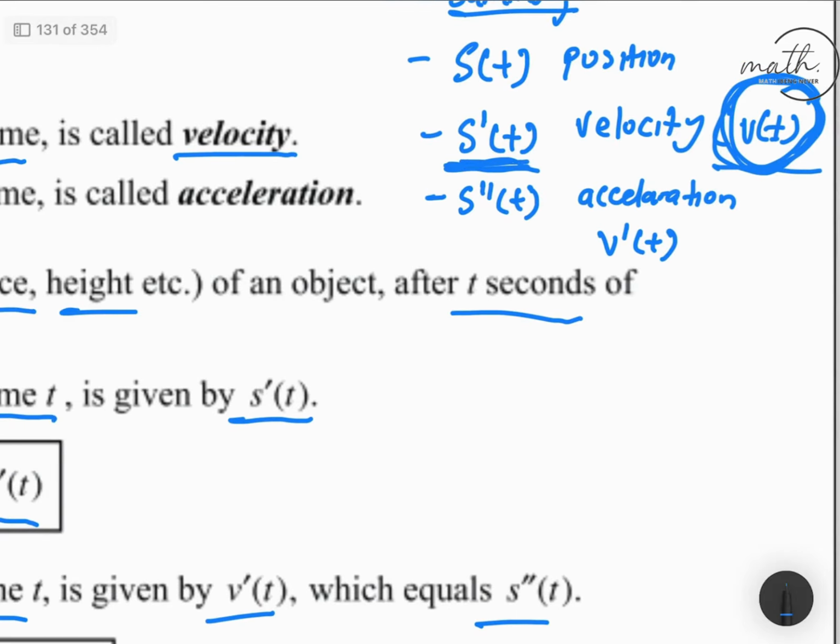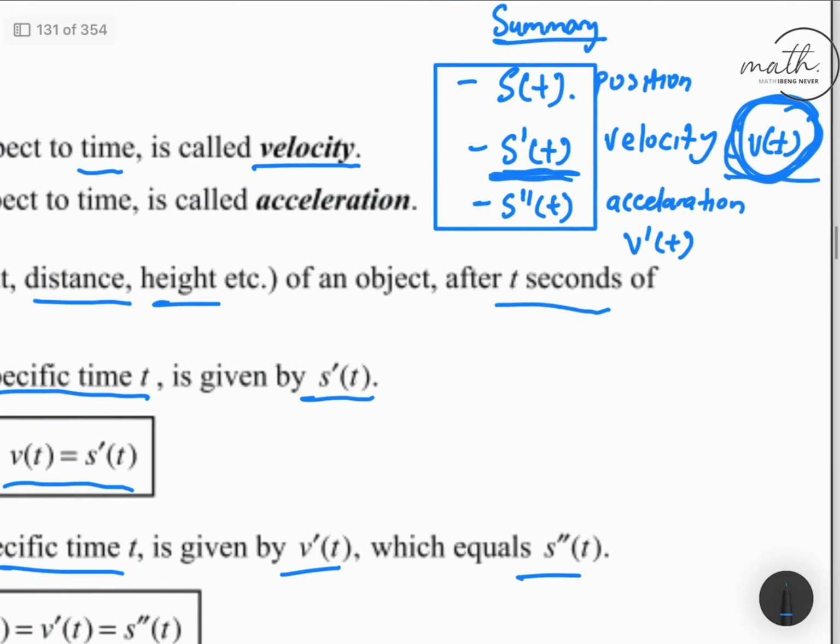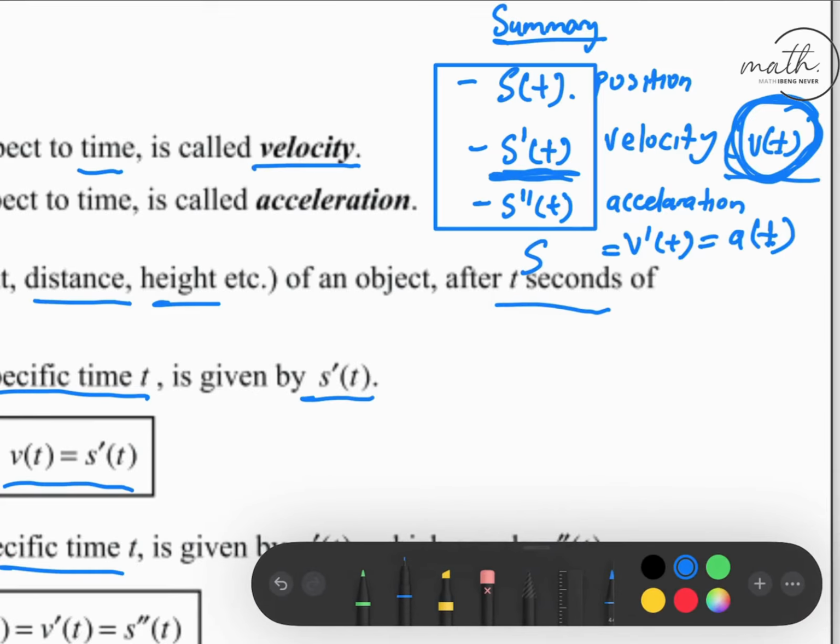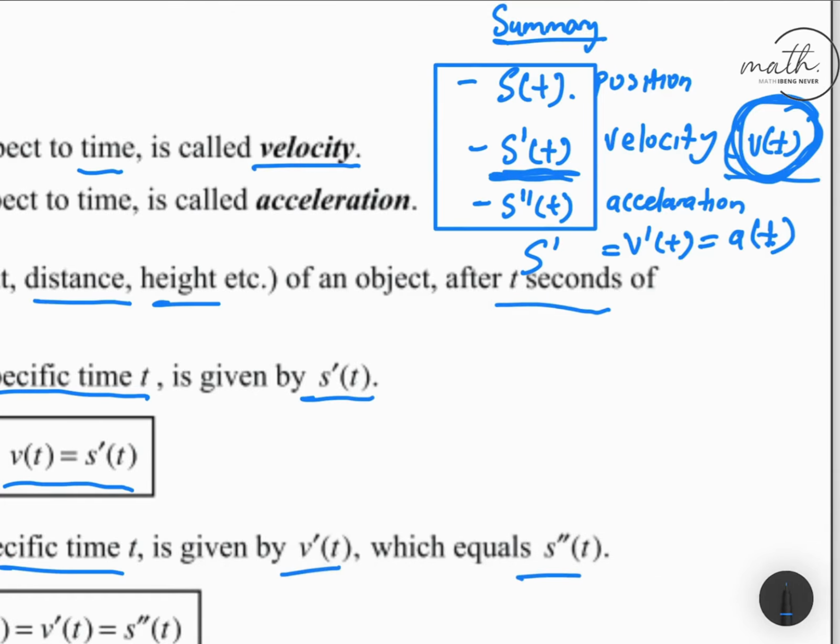You can just memorize them based on these, because they have to give you the first one. But note that if they say this is velocity, it's going to be V'(t), and this is also called acceleration, A(t), S''(t). So all of them are here.